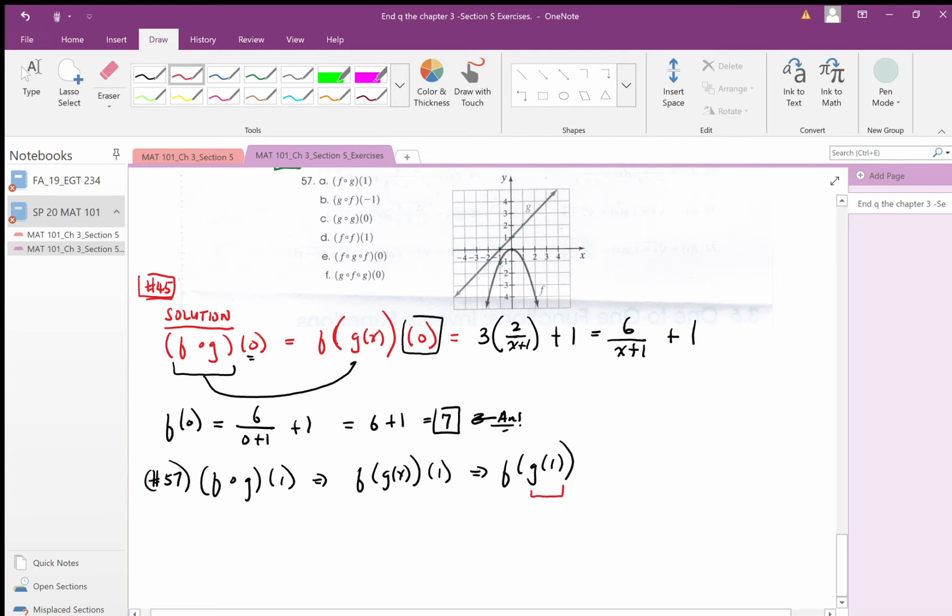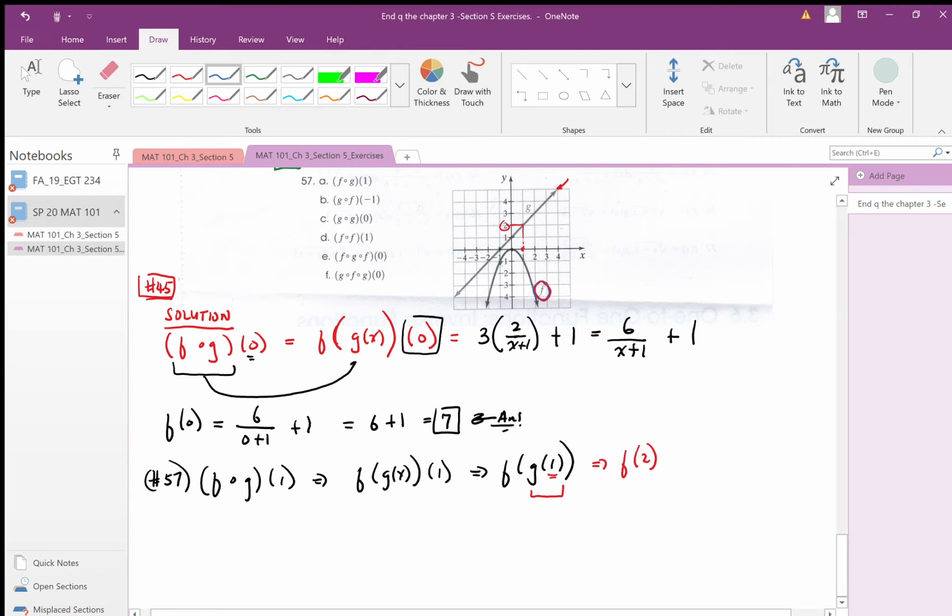So my g of 1, this is my g graph, this is my f graph. And this is my input, which is my x. So that's going to be 1. And then I go towards the g graph, I go up, my y value is 2. So that's going to give me f of 2. Now what is f of 2 on the f graph?